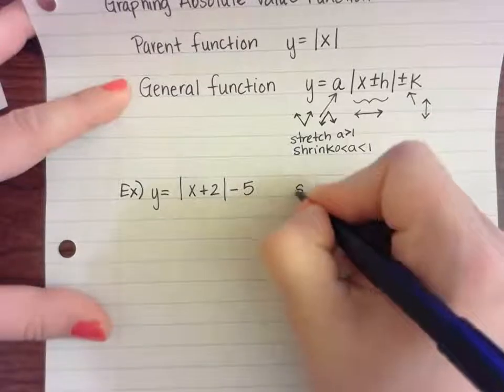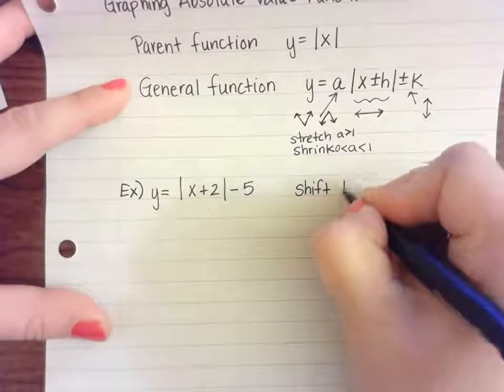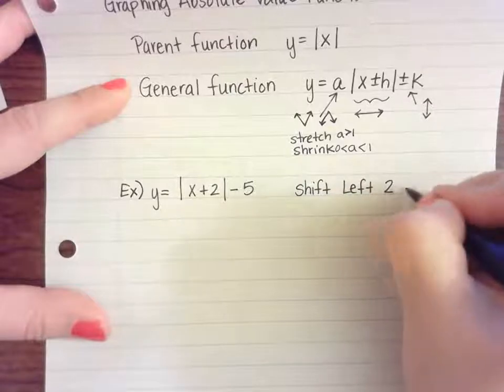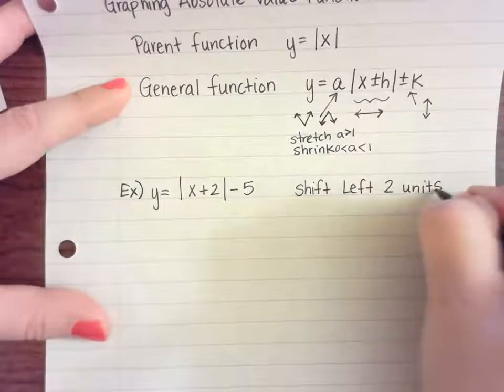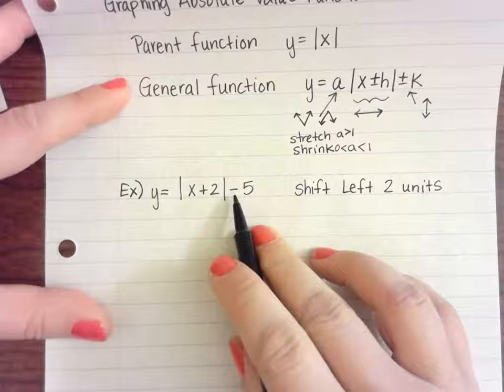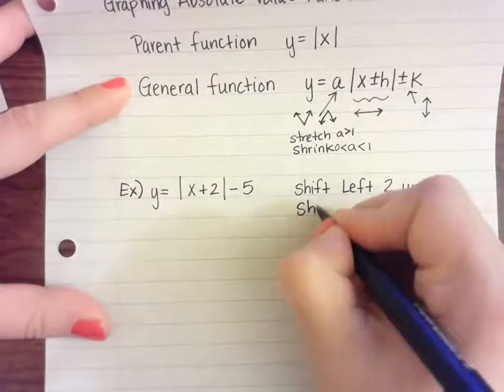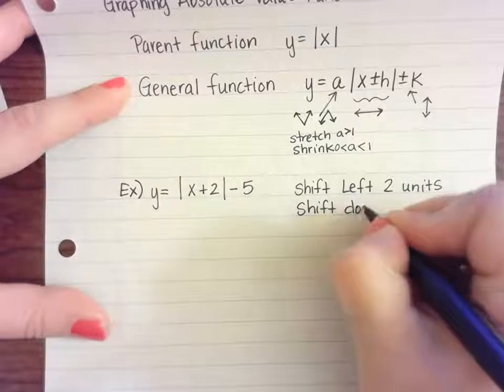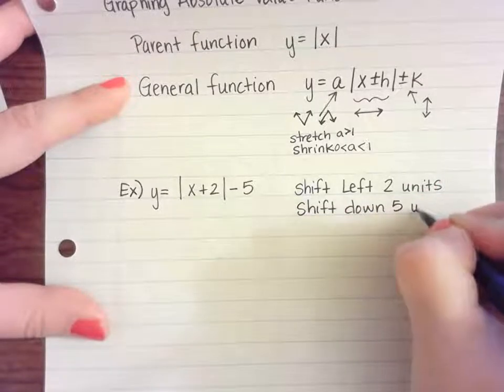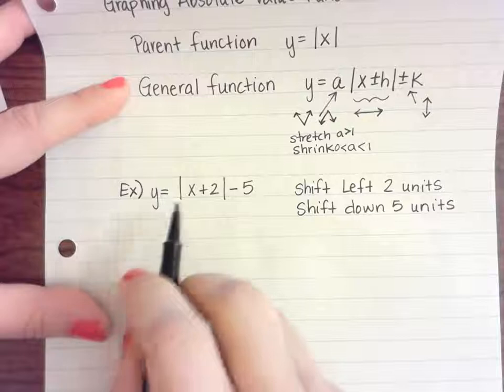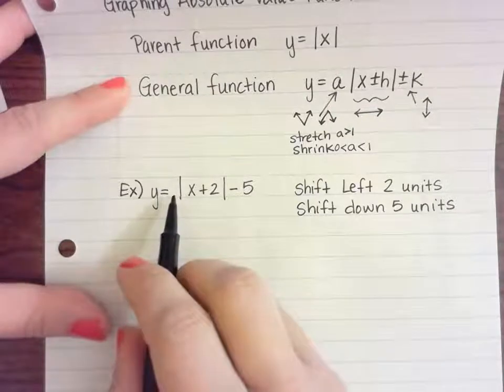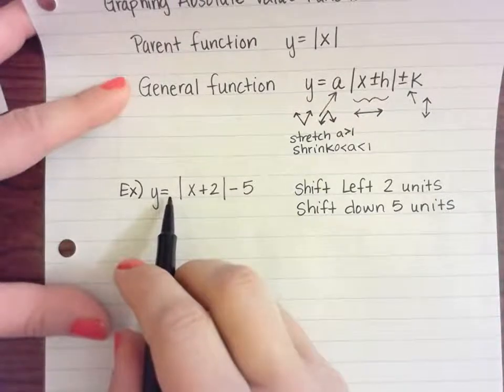And this is going to shift to the left 2 units. The minus 5, since this is negative, this actually does what makes sense. This is going to shift down 5 units. And then out in front here, it looks like there's nothing there, but there's really a 1 right there.